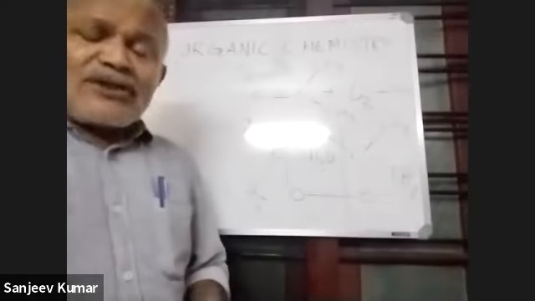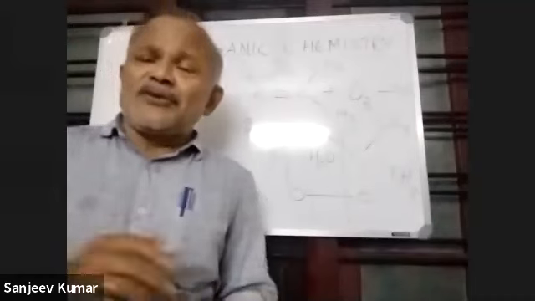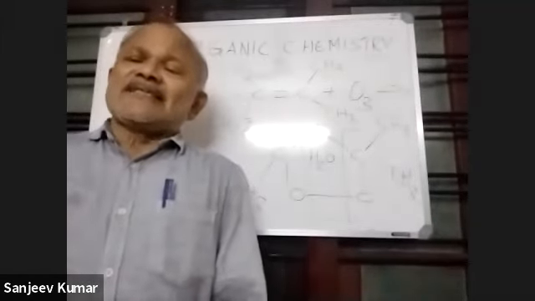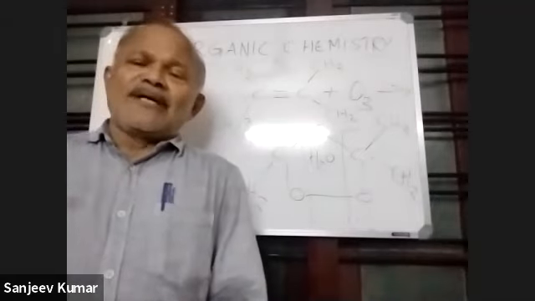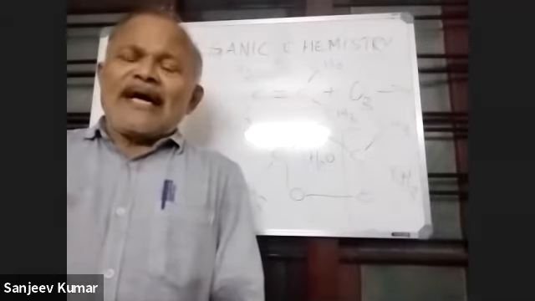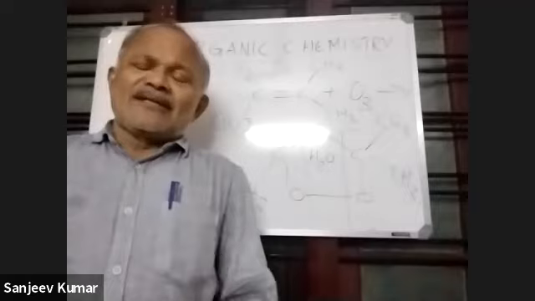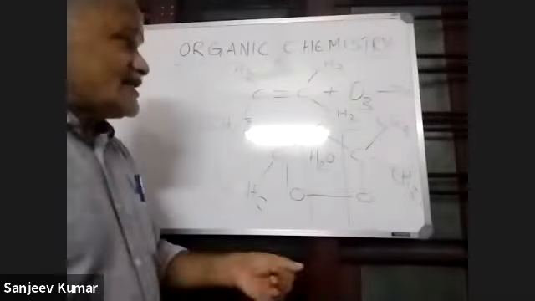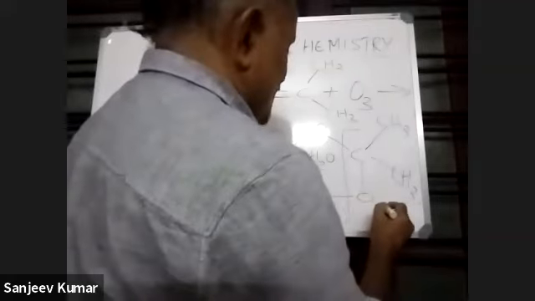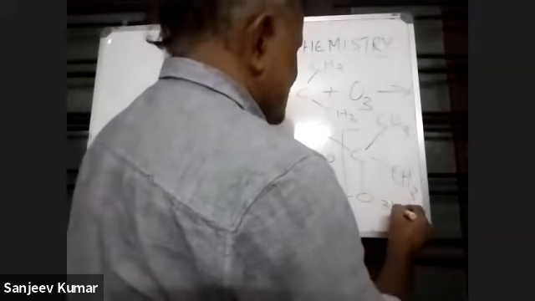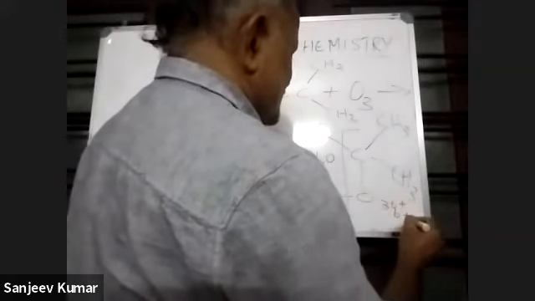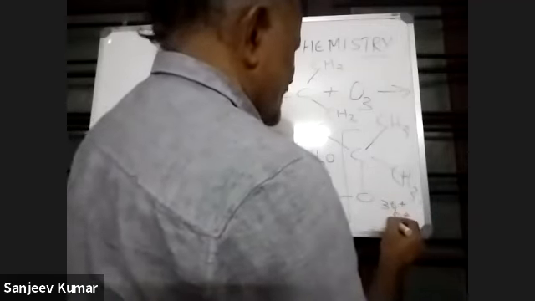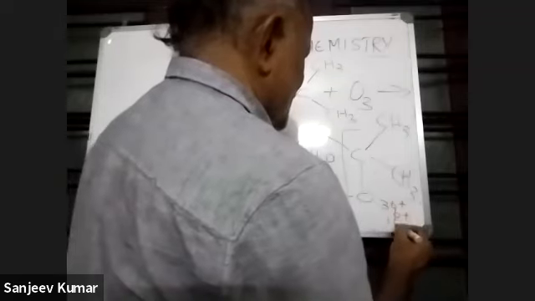And a ketone with molecular mass 58 u is nothing but acetone, CH3COCH3, that is C3H6O. C3 means 36, H6 means 6, plus oxygen 16.